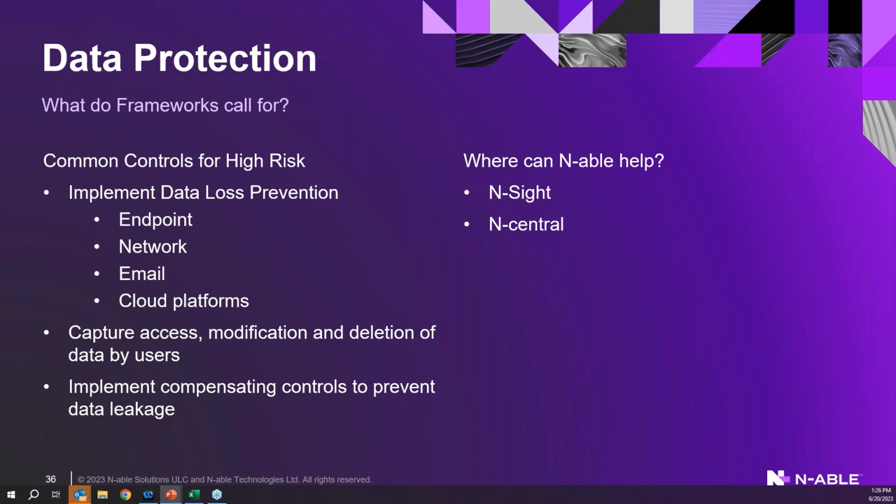They want you to capture and log access to the data, modification and deletion of the data. A lot of them also ask for other compensating controls to prevent data leakage, such as additional controls around secure mobile devices or secure removable media.